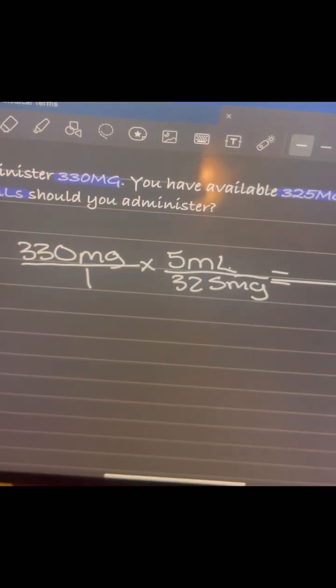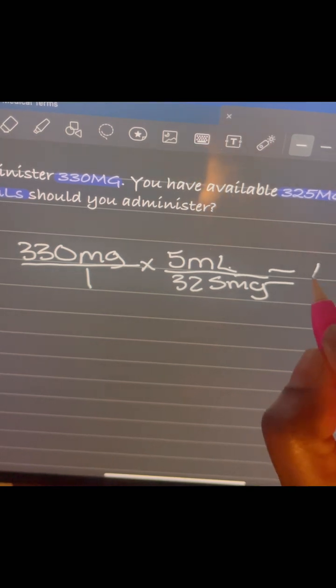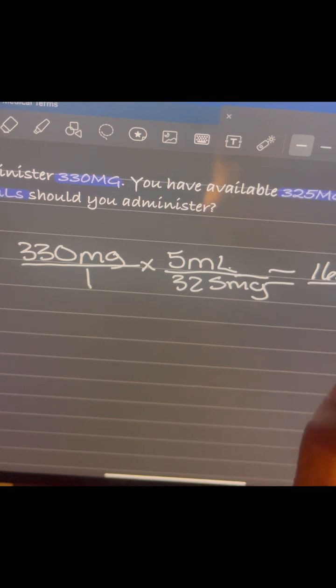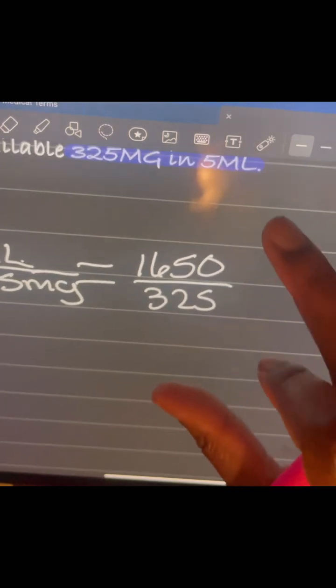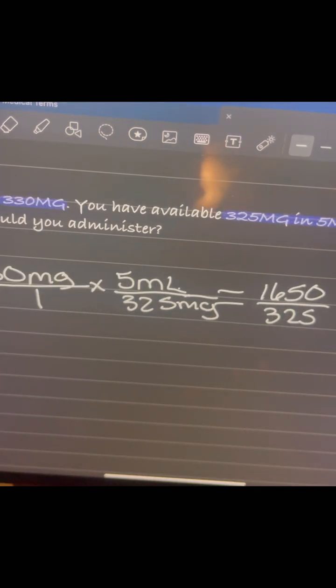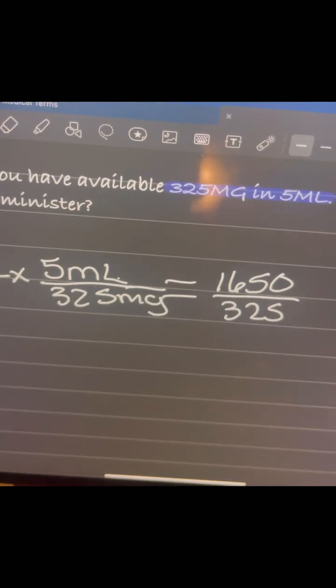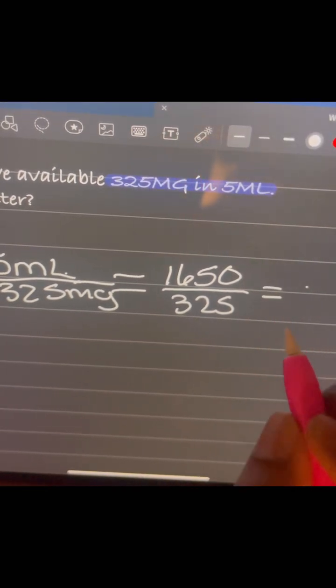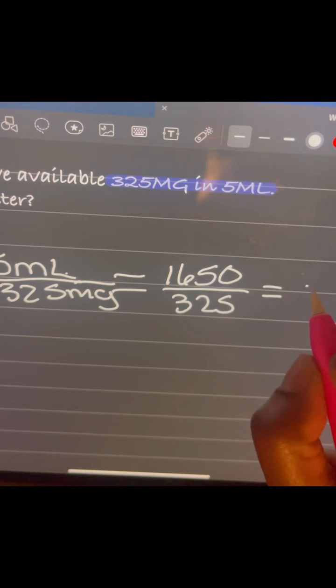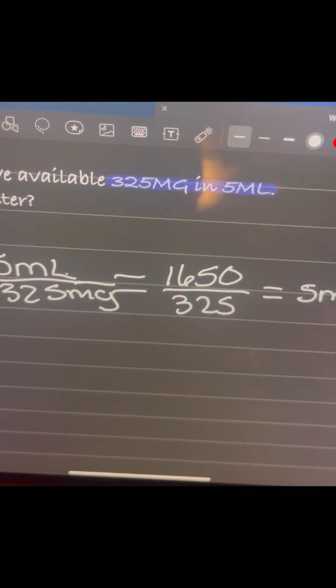Now we are going to make sure that we have our calculation right here. You multiply the top and you get 1650. On the bottom you get 325. So then when you divide these two, you get 5 mLs.